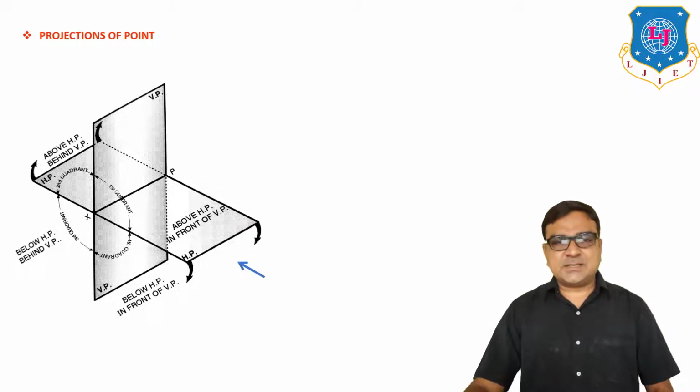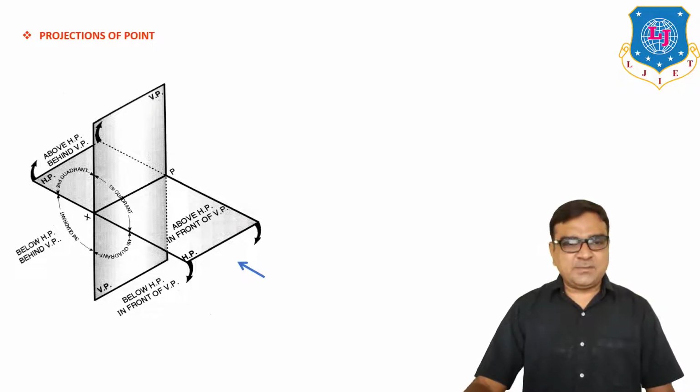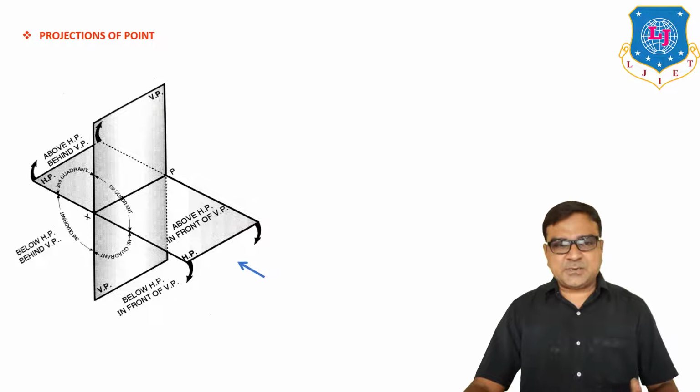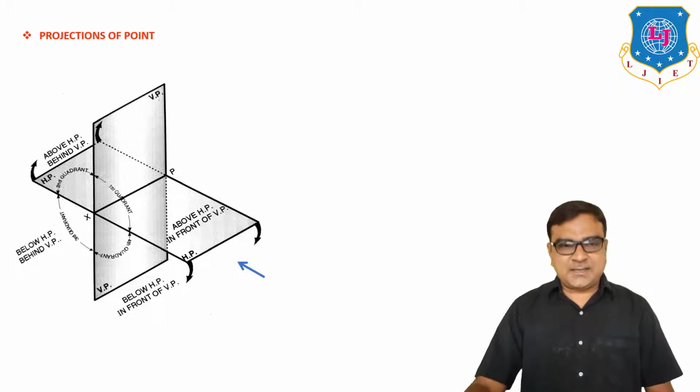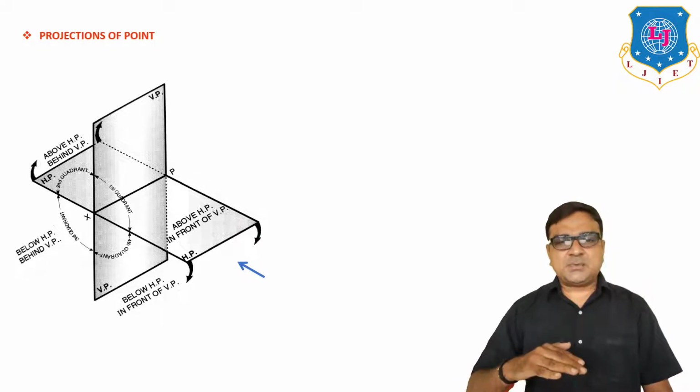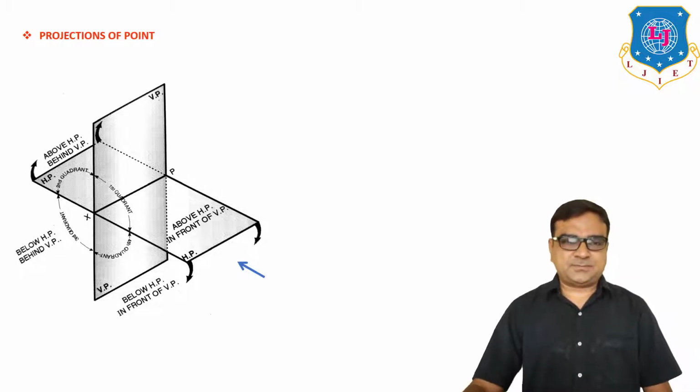The space behind VP and above HP is second quadrant. The space below HP and behind VP is third quadrant. And the space below HP and in front of VP is known as fourth quadrant.